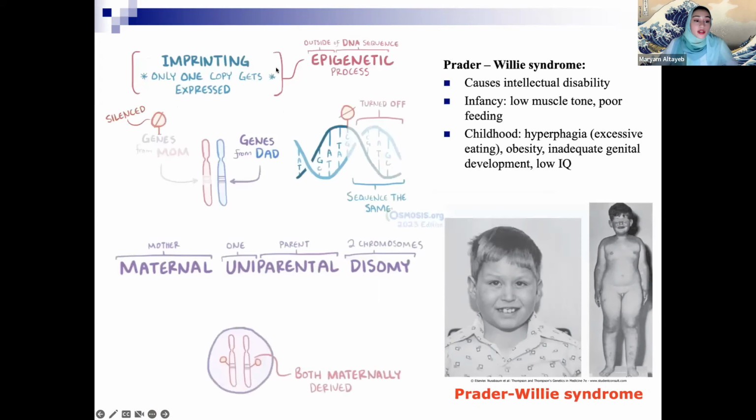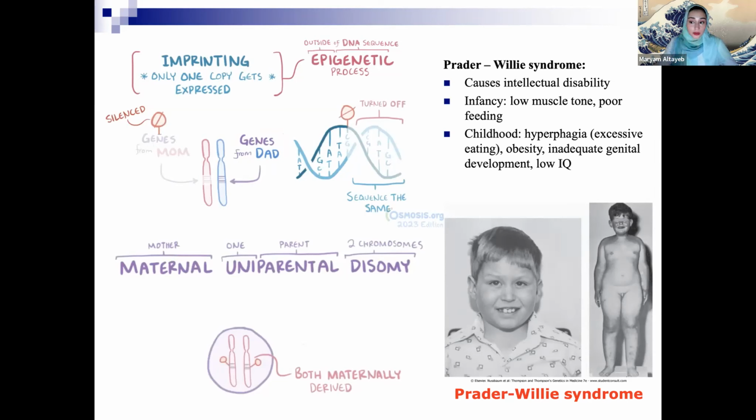So remember how we talked about imprinting? What happens is normally you have your genes from your mom and your genes from your dad. And let's say that the genes from your mom are normally silenced, they're imprinted, right? You're going to get both, but they're silenced or they're not, let's say, functional, okay? And so when this happens normally, only one copy gets expressed.